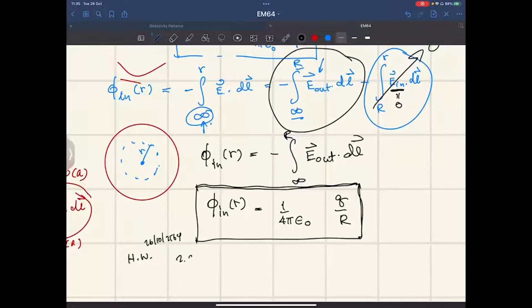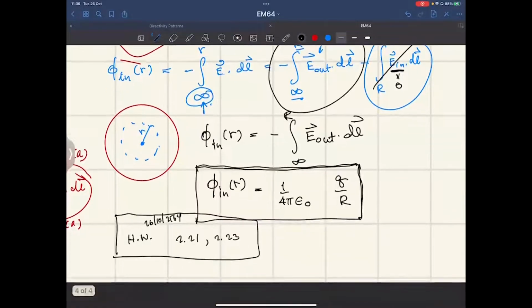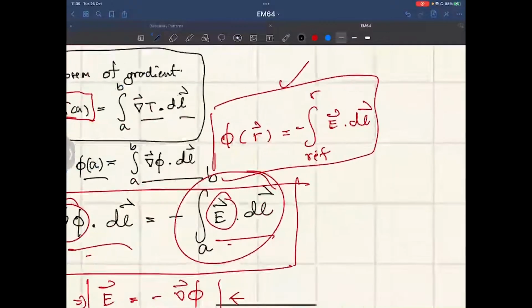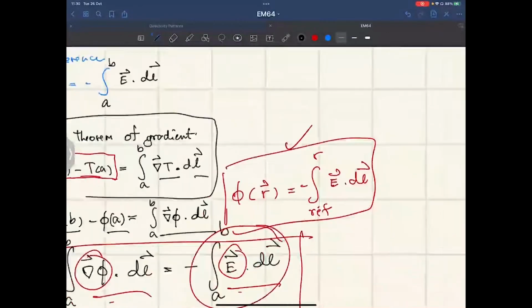Okay, 2.21. Now I will know whether you understand it or not. Okay, and 2.23. Only 2 of them. Any question? No? Okay, good. So you guys have no question, you understand everything perfectly.